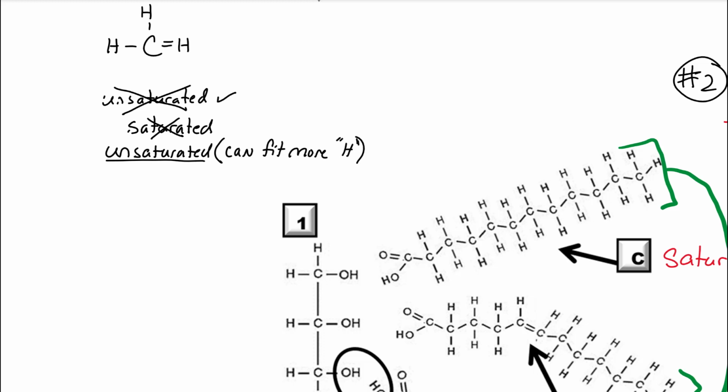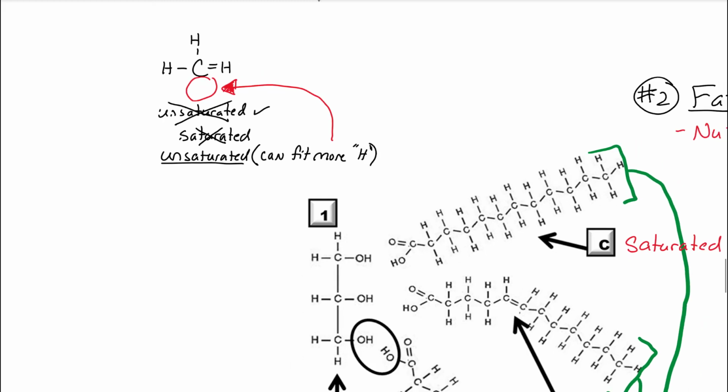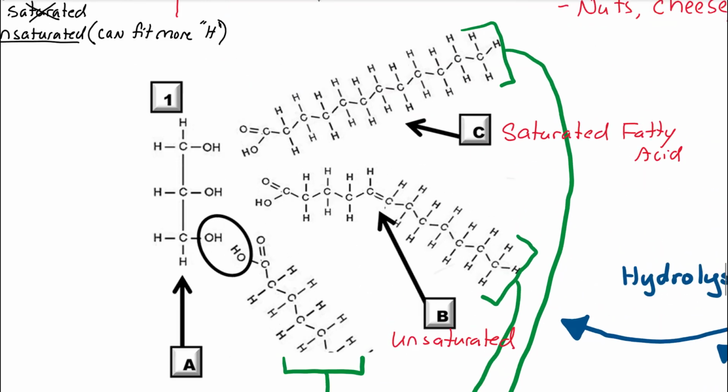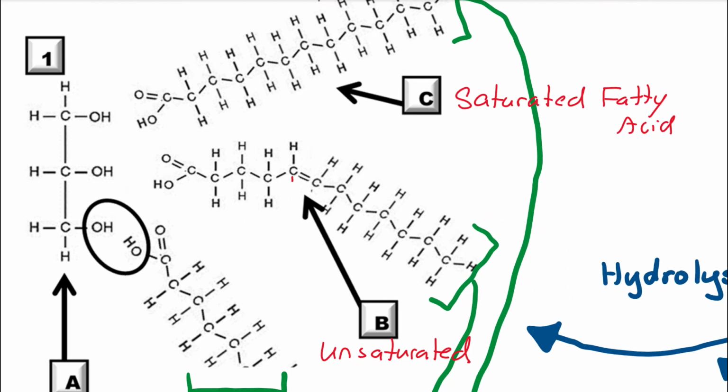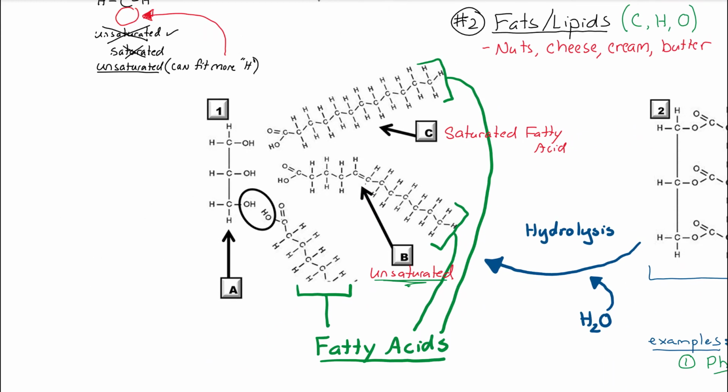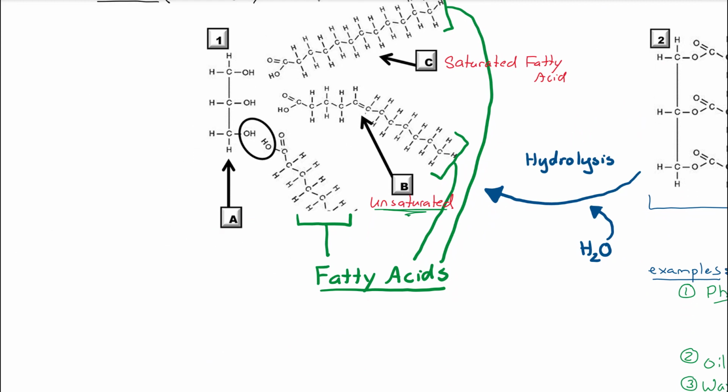So let's take a look at our unsaturated fatty acid chain. It should be missing some hydrogen. And look at that. We can put more hydrogen here. Therefore, this fatty acid chain is unsaturated because you can add more hydrogen.